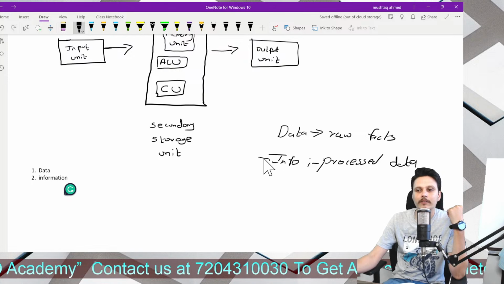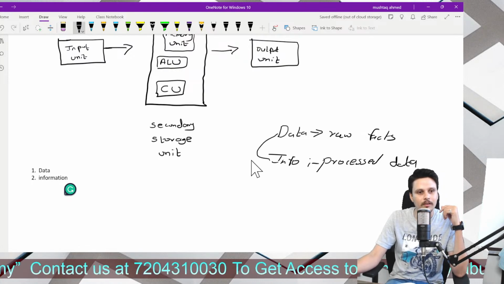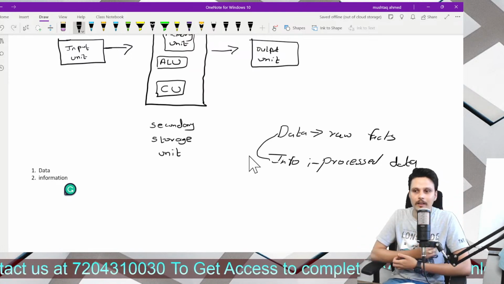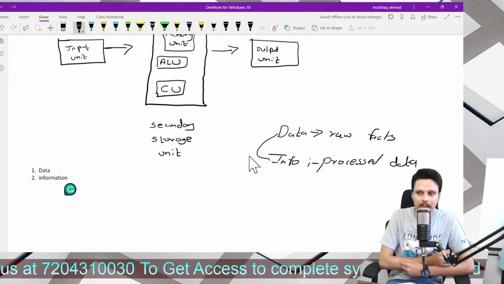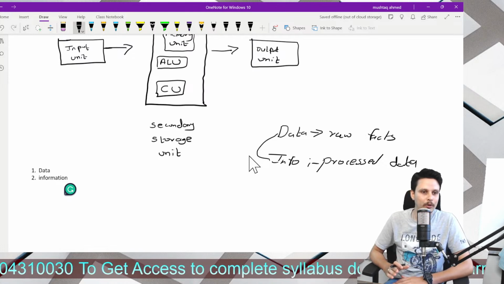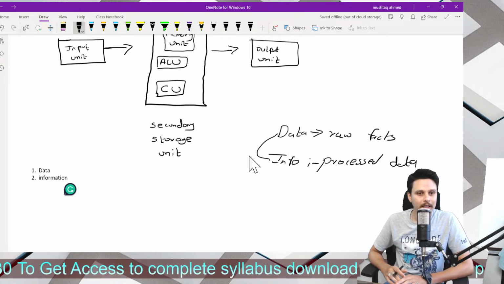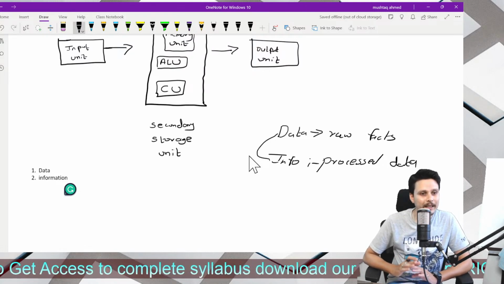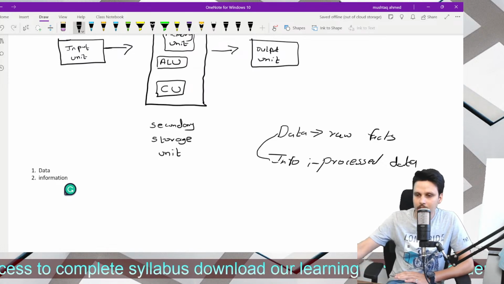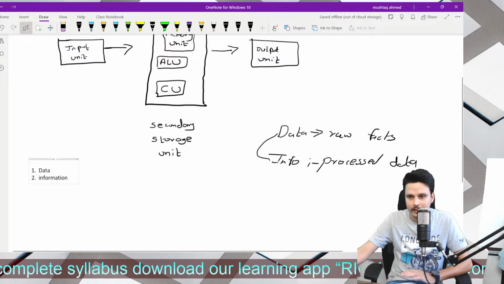There is a huge difference between information and data. If they ask you to give your data, then your data is raw facts. Everything you did since childhood comes under data, but information is only the important key points about you. If you get any questions related to data or information, just keep it in mind.